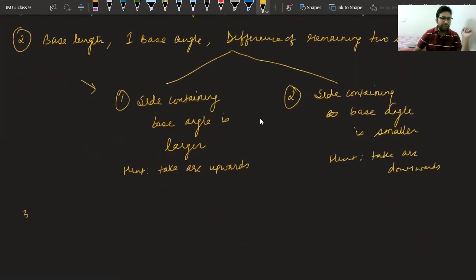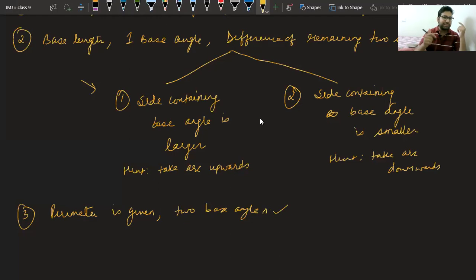And the last case for triangle construction is when perimeter is given, comma, 2 base angles given. So these are 3 cases in which this third case is deleted by CBSE, but it is very easy. So I will teach you this one.